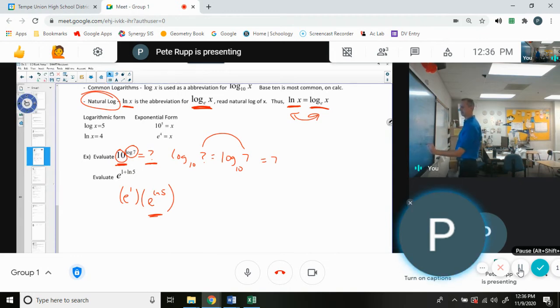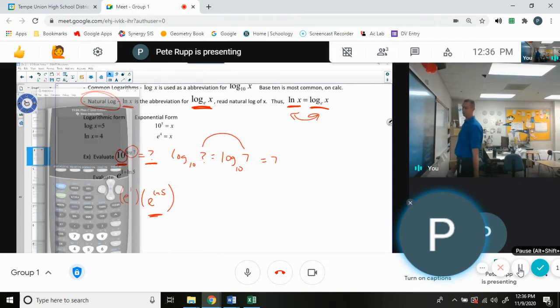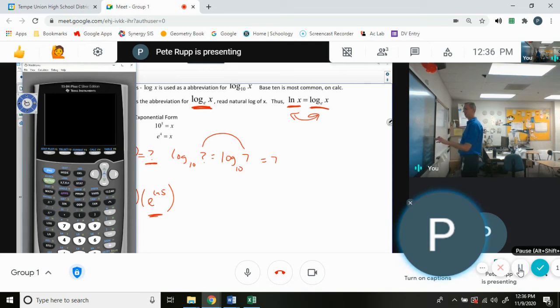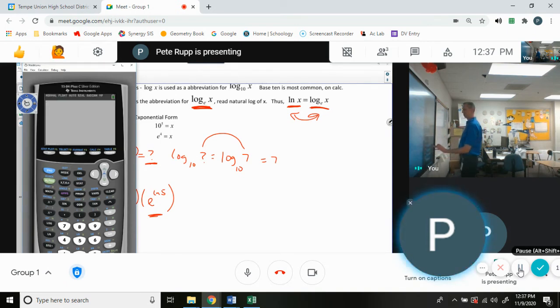This part is e, and then the second part would be e raised to the natural log of 5. So let me go ahead and type that in. So if I hit second natural log here, okay, so let's try this again.